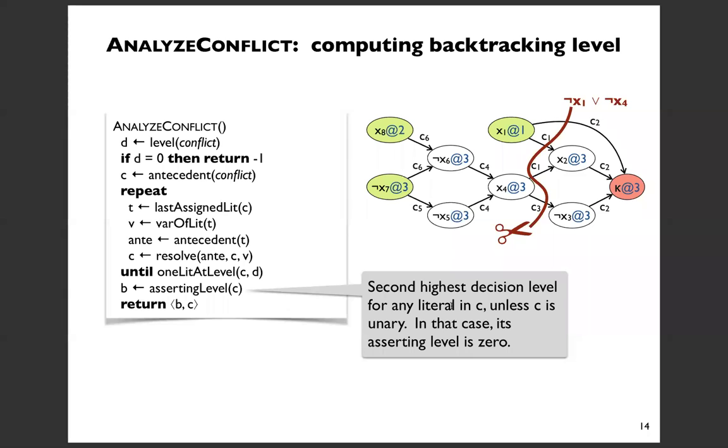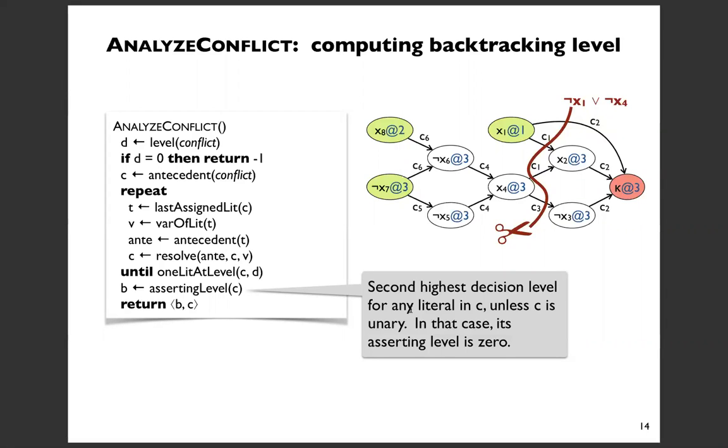Therefore, to summarize, two things. One is the way that the conflict clauses are generated is by doing repeated resolution on the antecedent clauses starting from the conflict side, like I described, until you end up getting a unique implication point, that is, a single literal at the current level.